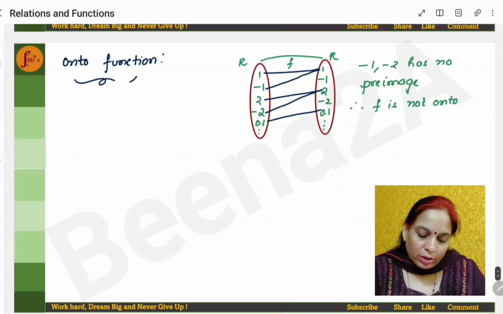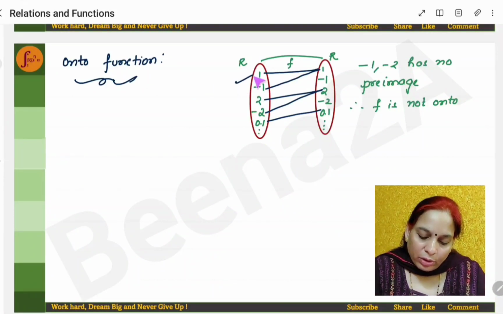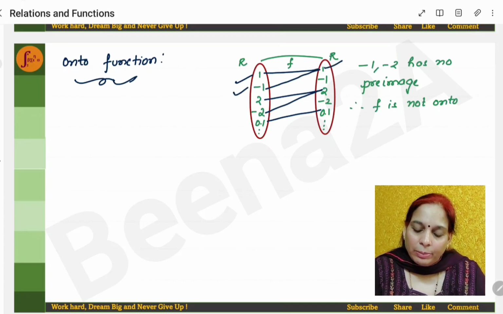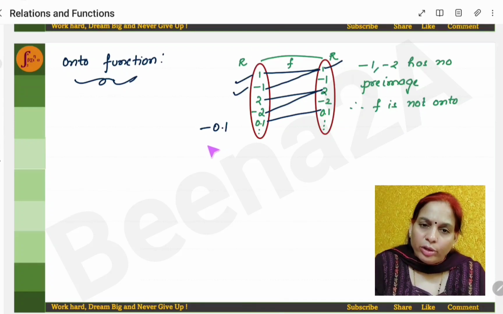Now for the onto function we'll check. Whether you take positive numbers or negative numbers, the image is going to be positive. Take plus 2 or minus 2, the image is 2. Similarly, you can take decimal numbers, whether you take minus 0.1 or plus 0.1, the modulus function will give you plus 0.1 only.